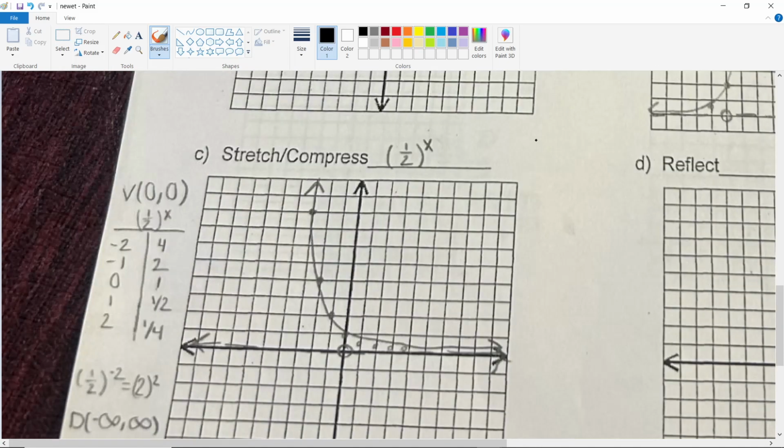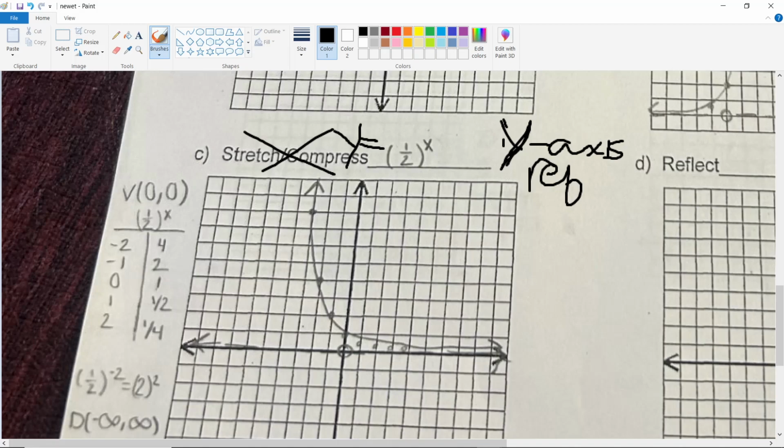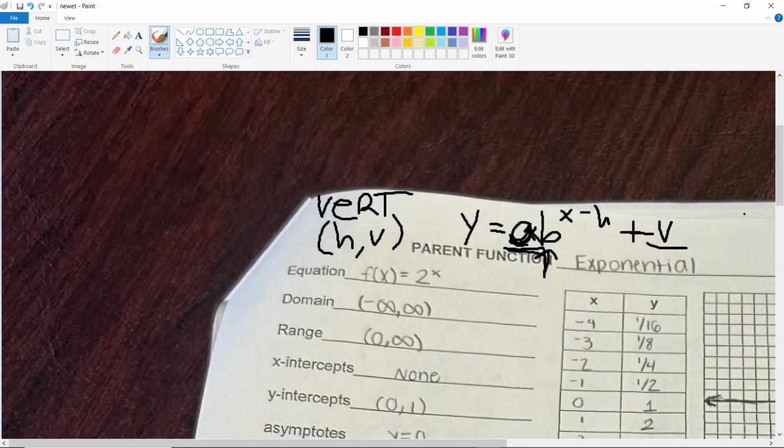So this 1/2 to the x is not a stretch. It's a reflection. It's a y-axis reflection. To stretch it, I'd have to multiply it by some number. If a is bigger than 1, it's a vertical stretch.